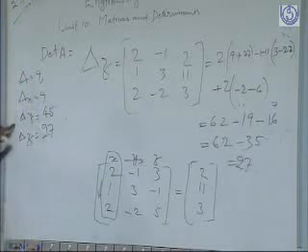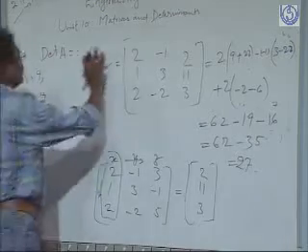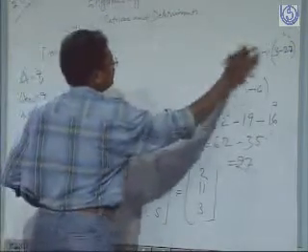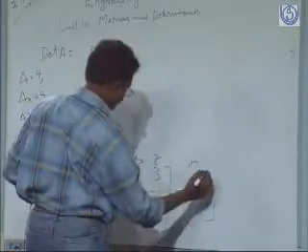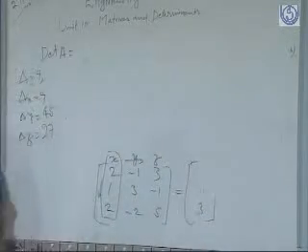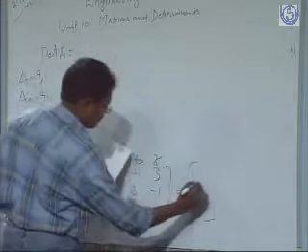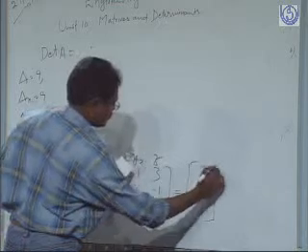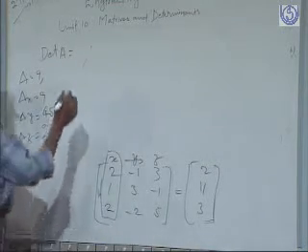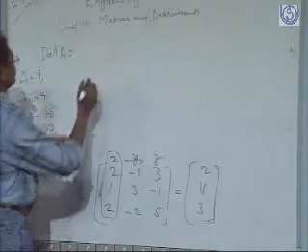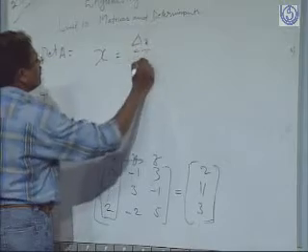So like this we have found all the values of the determinants of all the matrices. Then we will find out the x, y values. These are the values. The formula for finding x, y, z: x is equal to delta x by delta.